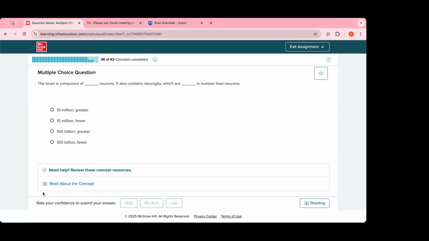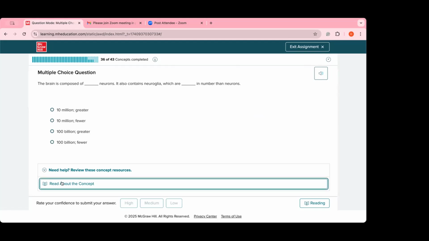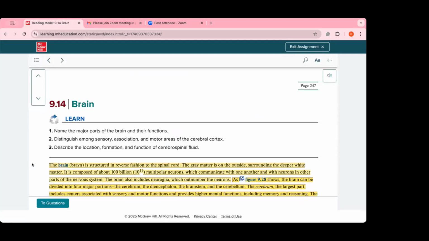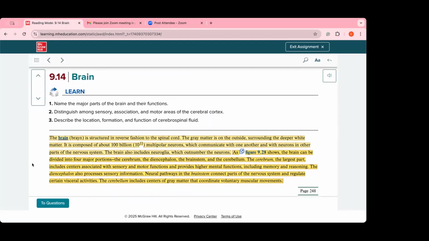The brain is composed of blank neurons. It also contains neuroglia, which are blank than neurons. Okay, I don't know how many neurons we have, so we have to read it. The brain is structured in reverse fashion to the spinal cord. The gray matter is on the outside, surrounding the deeper white matter.